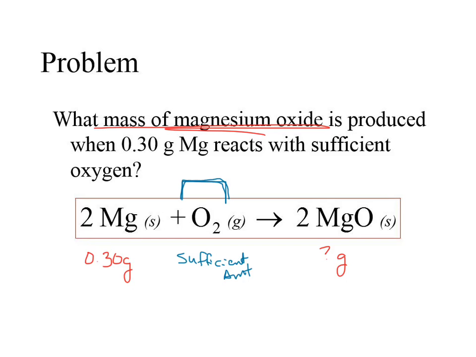Sometimes, and we're going to use this term again on Monday, we say this is probably in excess, or if it's just the right stoichiometric amount, but usually it's in excess. Okay, so we're ready to go from 0.30 grams of magnesium to question mark grams of magnesium oxide.